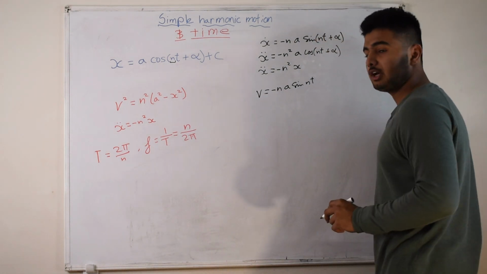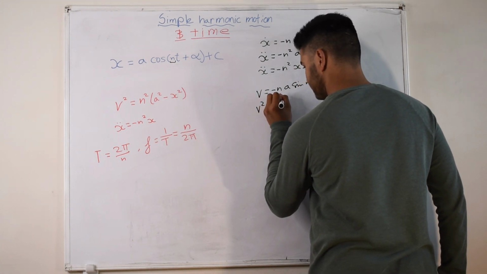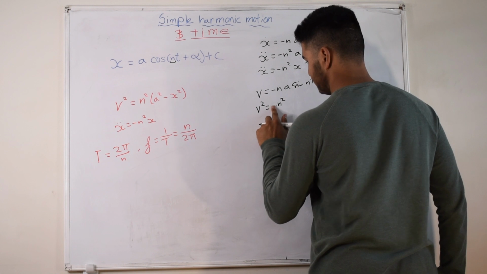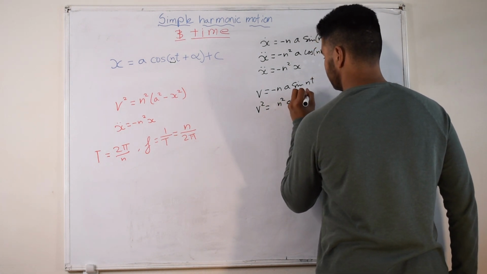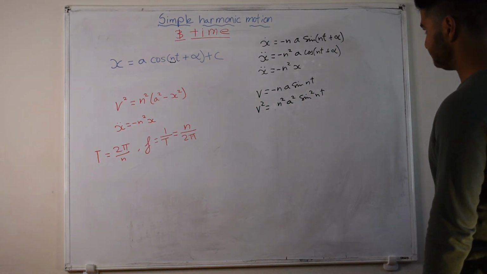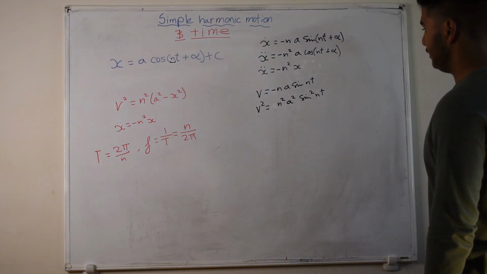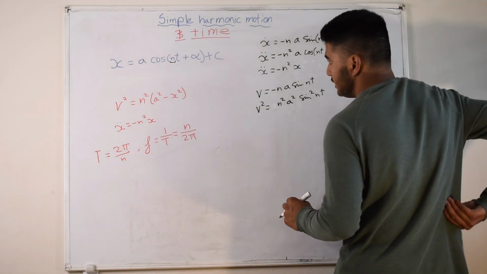Square both sides, so we get v squared equals negative n squared, but the negative goes, it's just n squared a squared sin squared nt. Next step, sin squared nt would be 1 minus cos squared nt.